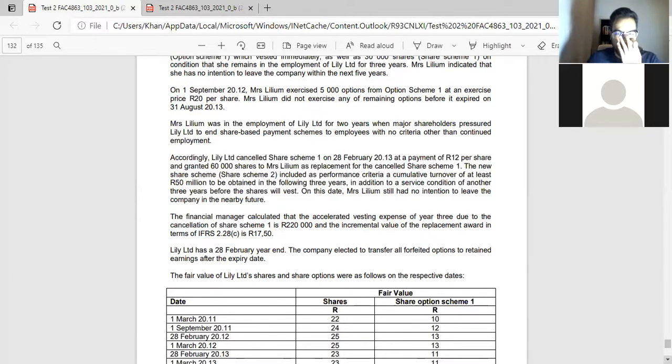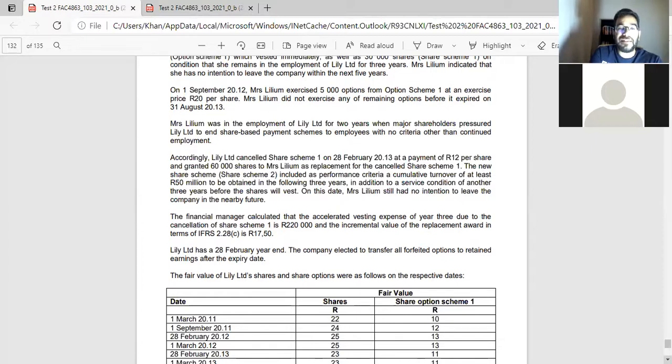So what's happening? She has these options, so now she can exercise the options and convert them into shares. But the way she converts into shares is by using the exercise price in the option. An option gives you the right to acquire shares. In this case, her exercise price is 20 Rand. So when you convert the option to a share, the price you pay is based on the exercise price.